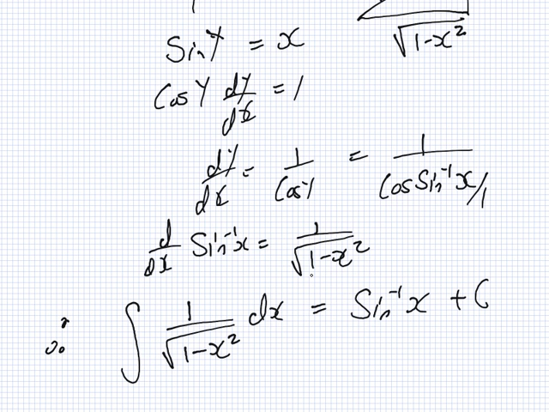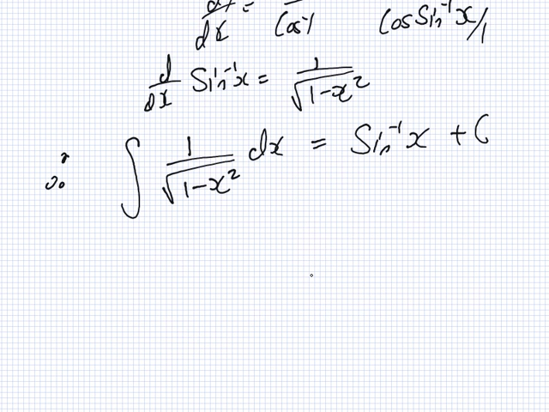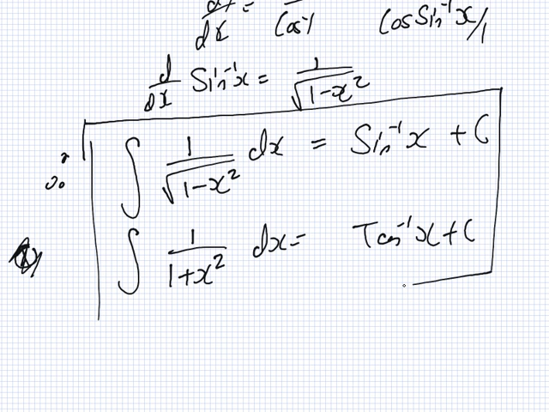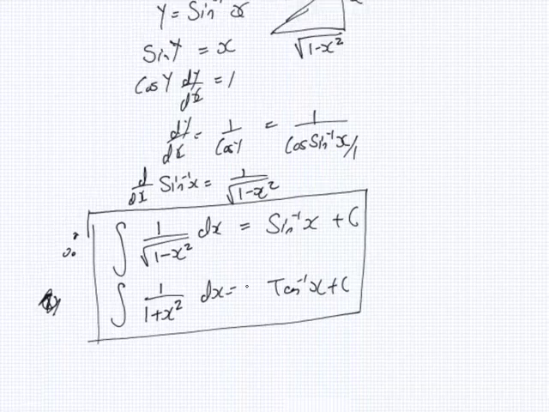I asked you for sine, cos and tan. In a similar manner, you can get this result by using tan: the integral of 1 over 1 plus x squared dx is tan inverse x plus c. So these two formulas will be useful for the integration chapter, and you should make note of them.